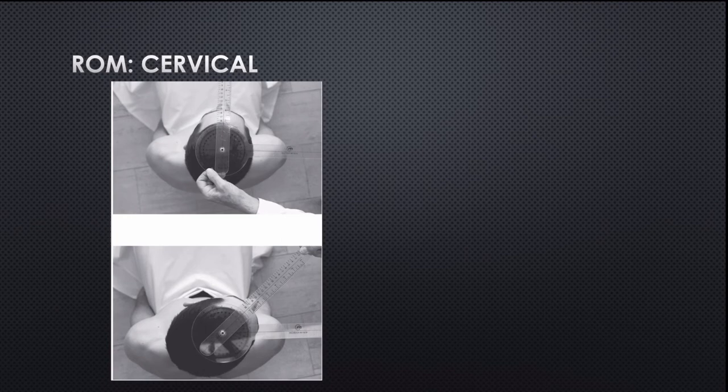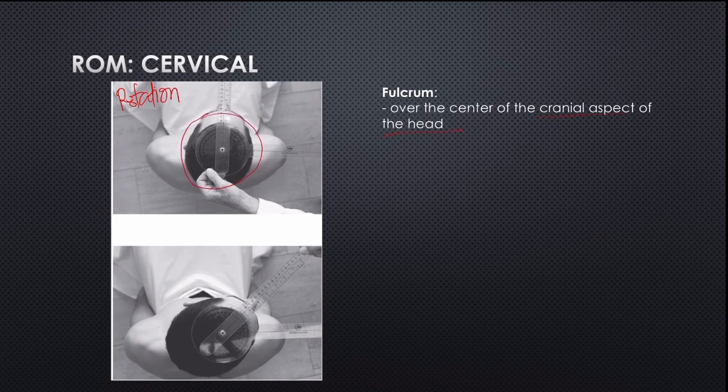This is rotation of the cervical region. First, fulcrum over the center of the cranial aspect of the head. So if this is the head, on top, this is the top view, this is the fulcrum, the center of the head.